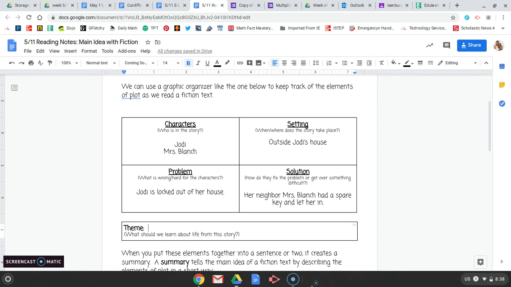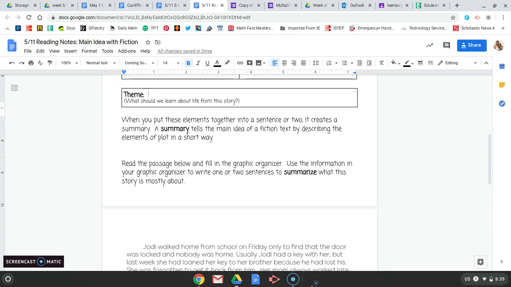Because if she had remembered her keys, then none of this would have been a problem. Or maybe it could be a positive lesson, like there are always good people around to help you, because we have her neighbor showing up and helping her out. Either of those could be a theme for this story, and you would type that there.